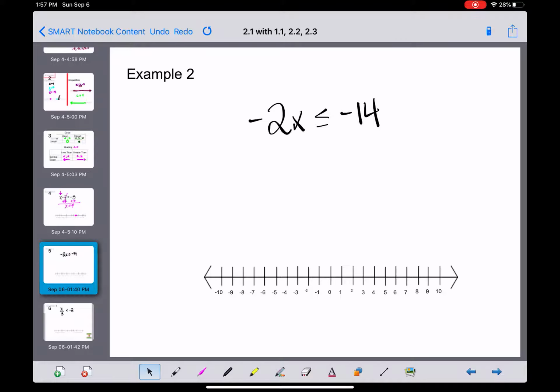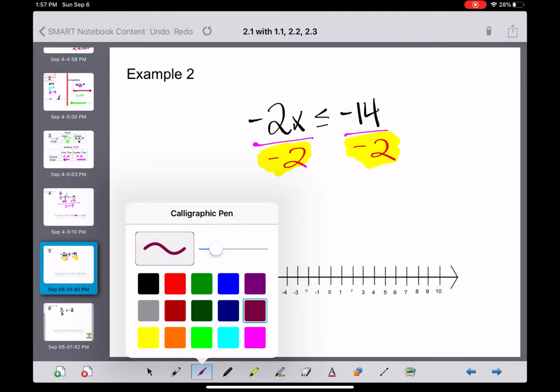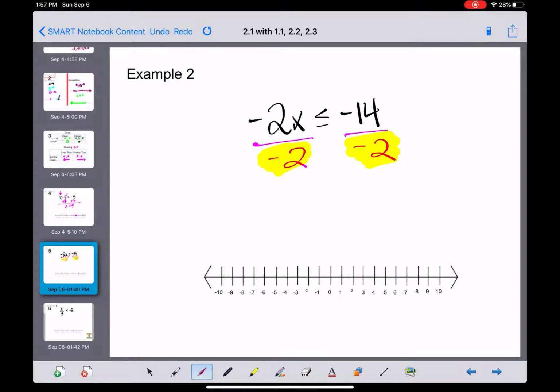Even with inequalities, our goal is to isolate the variable of x. Negative 2 is pinched right beside x, which means we're multiplying. So I'm going to do the opposite and divide by negative 2. I have to be aware that I am dividing by a negative value. Because I'm dividing by a negative value, my inequality is going to get flipped around.